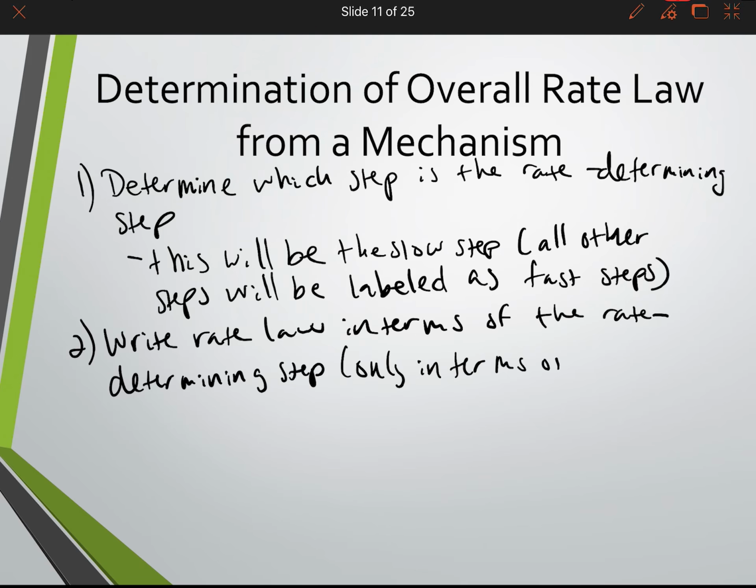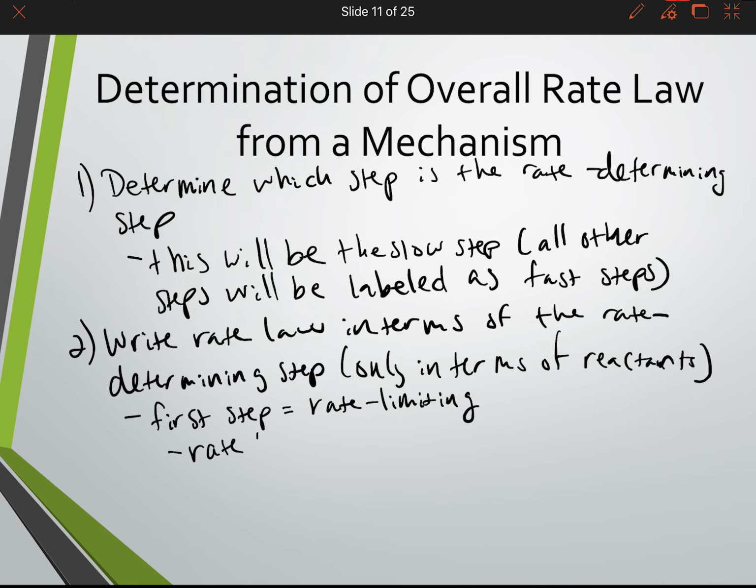So if we have our first step as our rate limiting step, it is really easy.